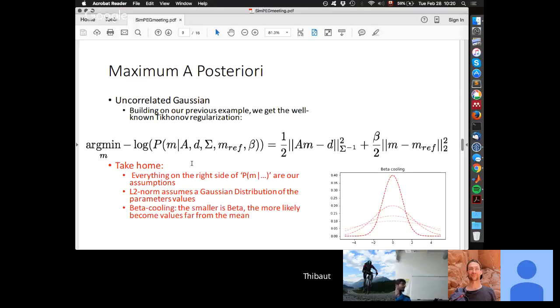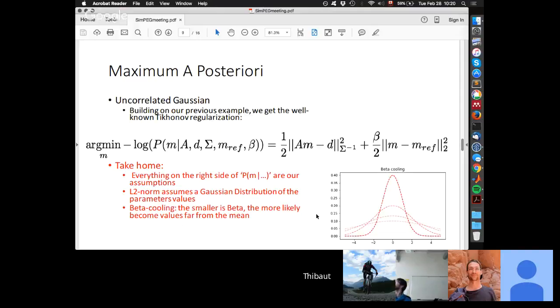We have actually made a ton of assumptions to get here. So L2 and Gaussian are very intertwined. It's the same thing, just from two different points of view.